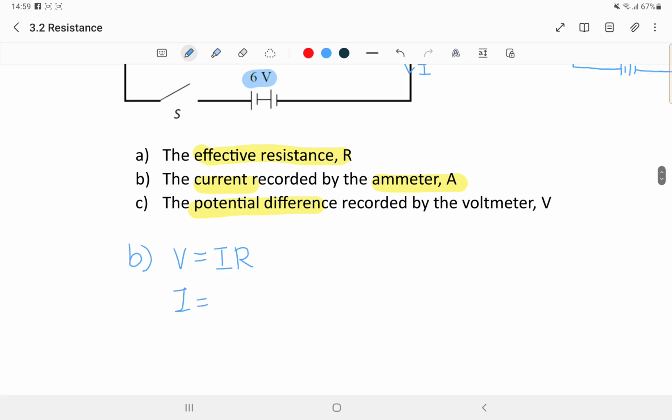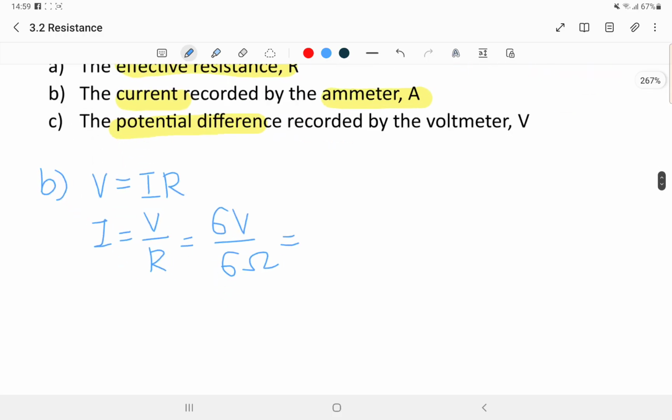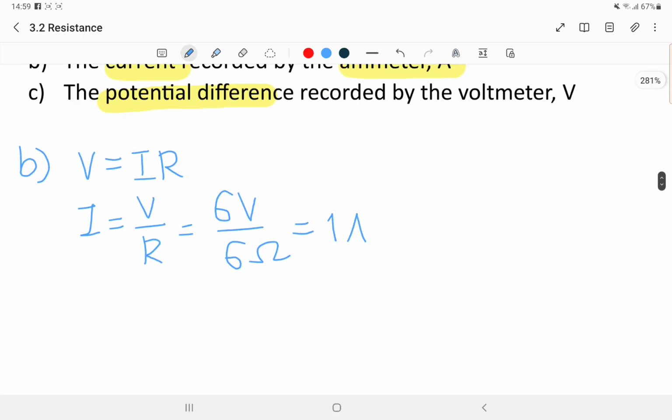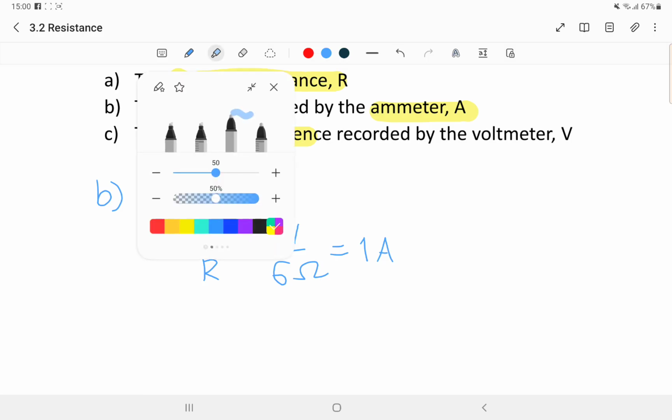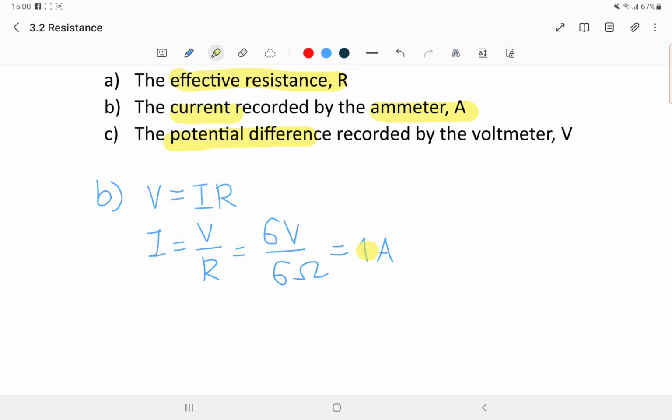Now we need to rearrange the formula into V over R, and then V is 6 volt, and R is 6 ohm, and this will give us 1 ampere. So the current recorded by the ammeter is 1A. This is the answer for part B, which is 1A.